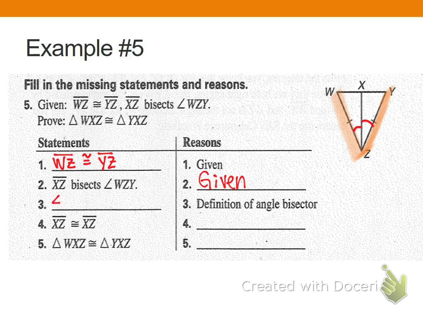So after all that, we would have to list out that angle WZX is congruent to angle YZX. We cannot call both of those angle Z because there are 3 different angles at Z. The little ones and then the big one. Questions before we move on from our angle bisector?